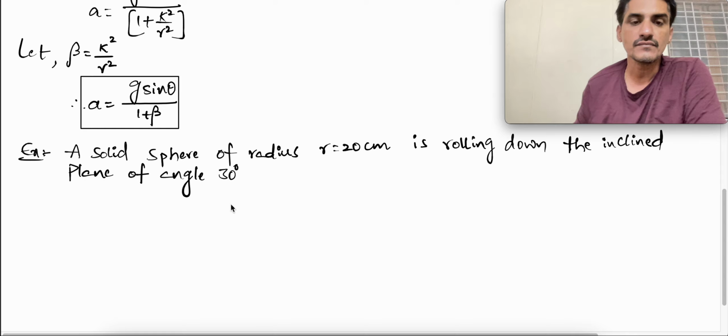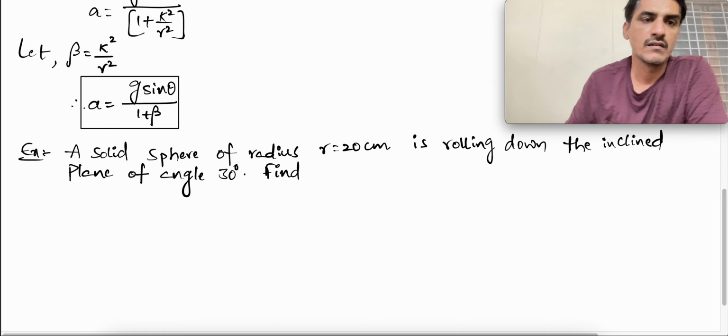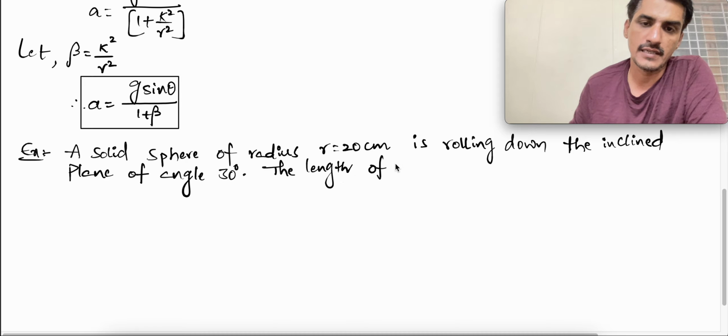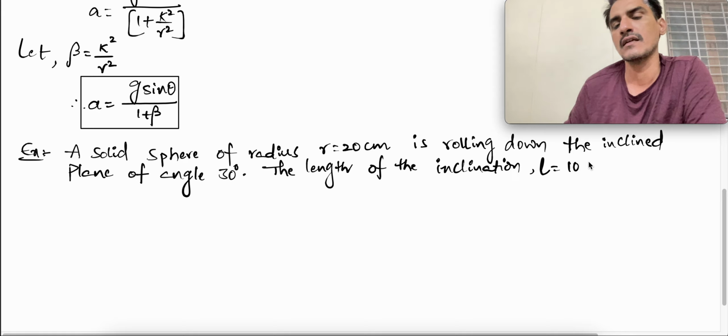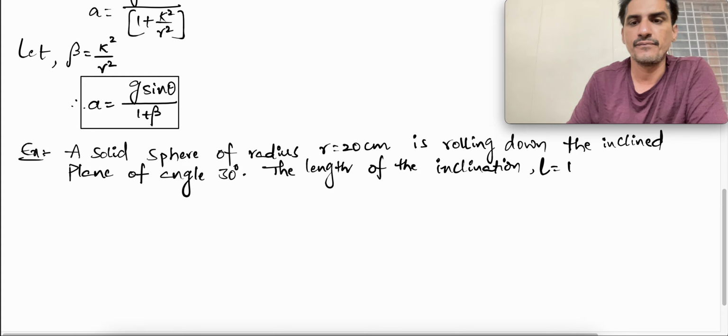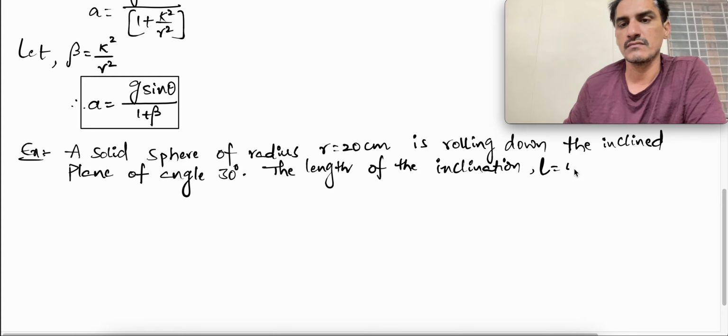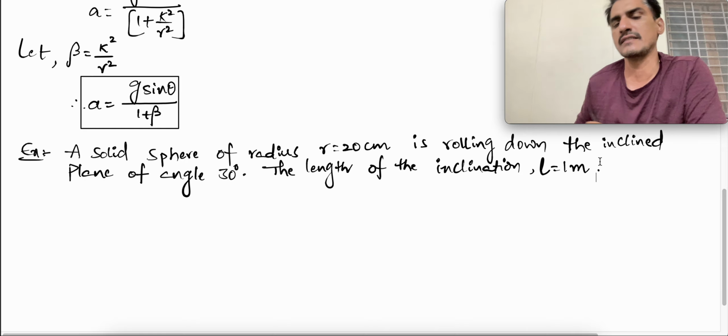The length of the inclination, L, is, for example, 40 centimeters, or anything else like 100 centimeters, no problem. Let us take 1 meter, length is 1 meter.